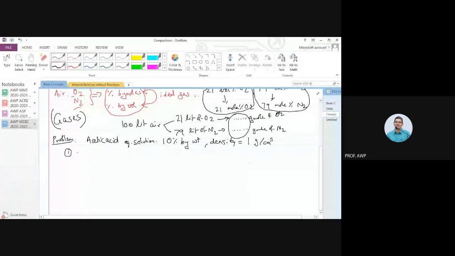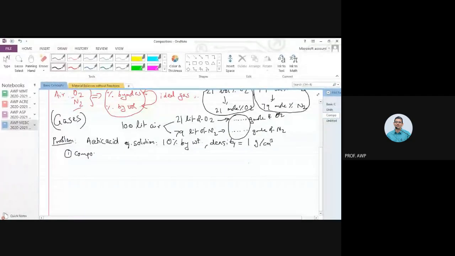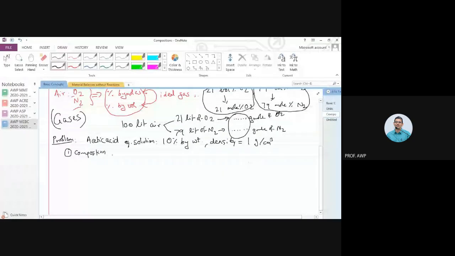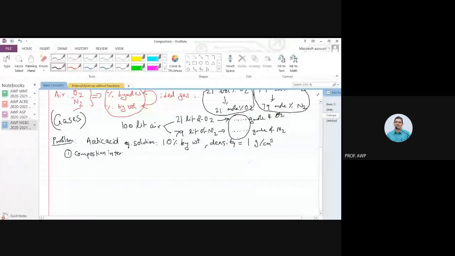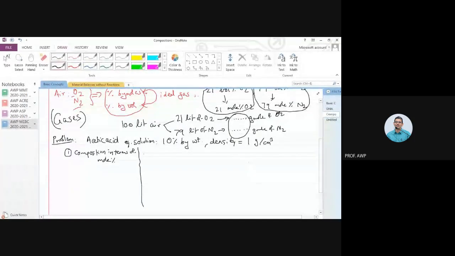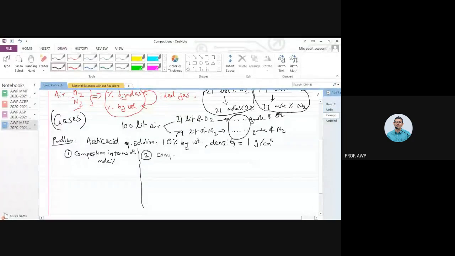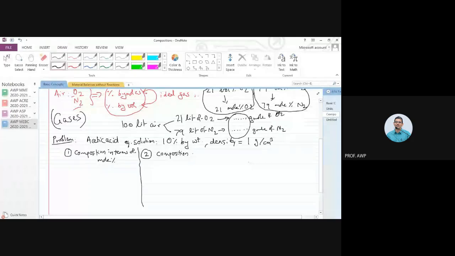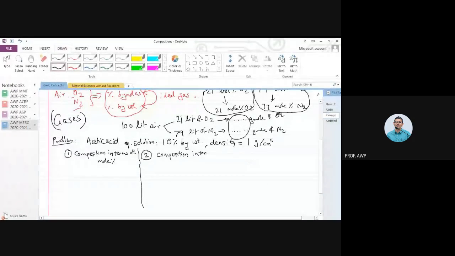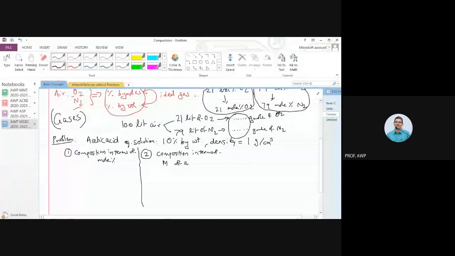I would like you to calculate the following. One, composition of this solution in terms of mole percent. That is the first thing that I would like you to calculate. Second, I would like you to calculate the composition of this solution in terms of molarity of acetic acid.